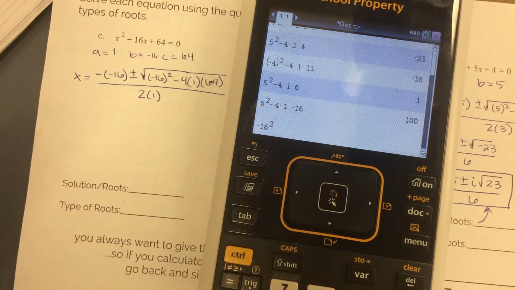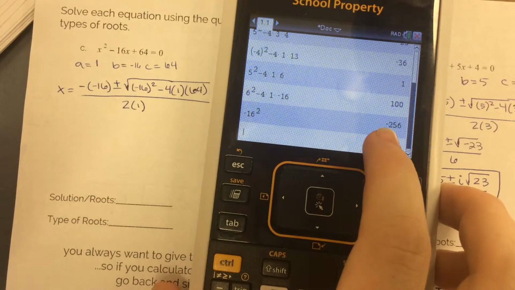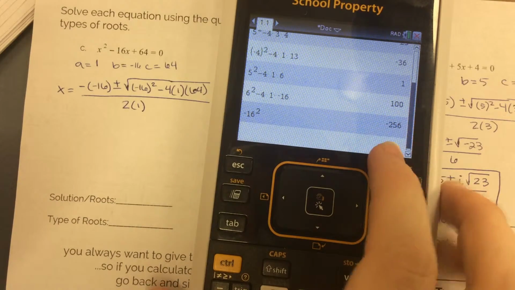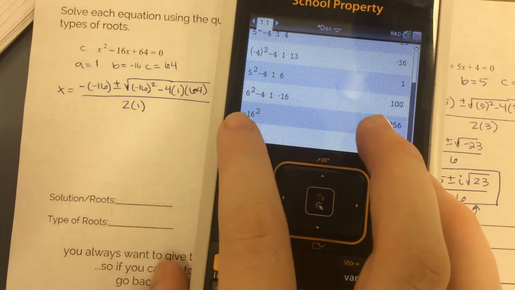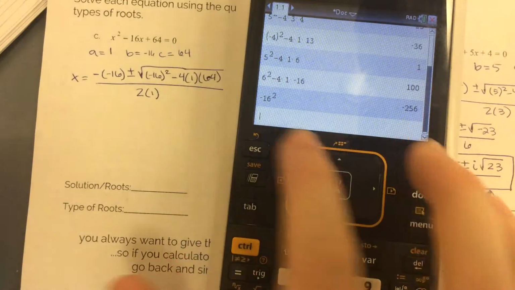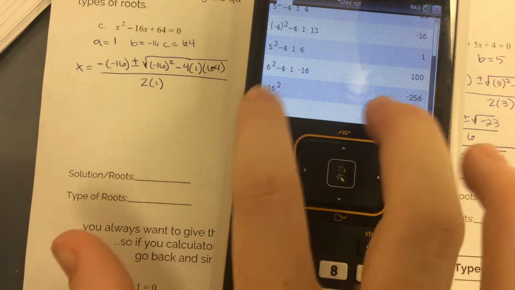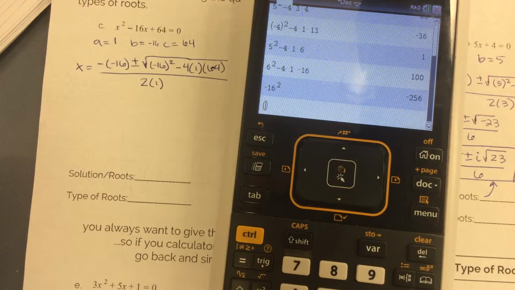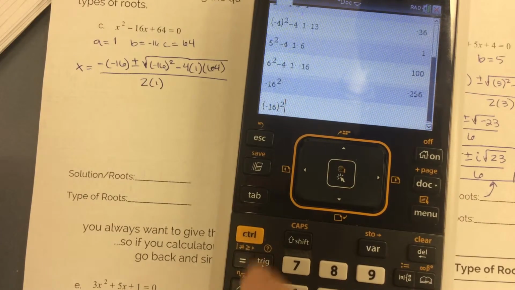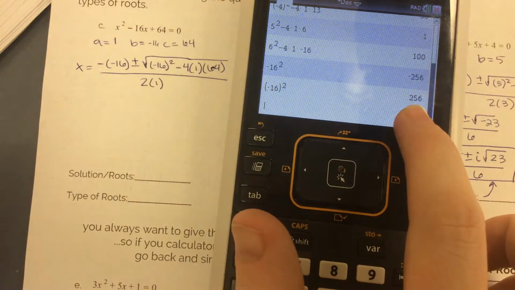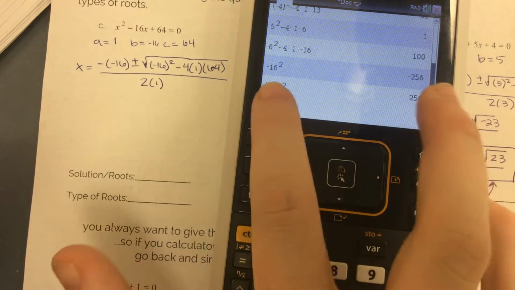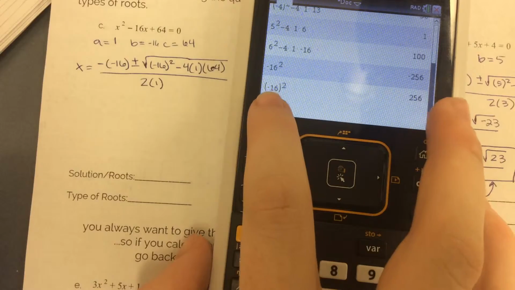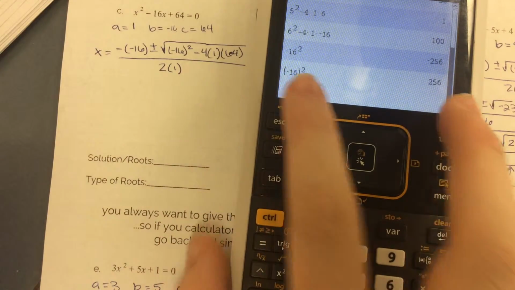But when I plug it into my calculator it gives me a negative 256 because your calculator squares the 16 and then tacks on the negative. So if you want your calculator to square the whole negative 16, you have to put it in parentheses. When you do negative 16 squared, you get a positive 256, which is correct. A negative times a negative is a positive. If you do not put it in parentheses, it will not get the right answer.